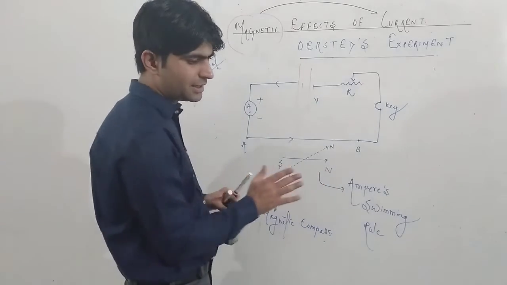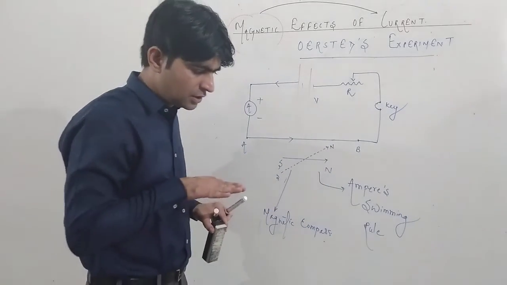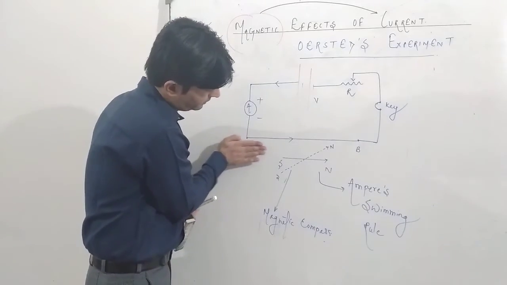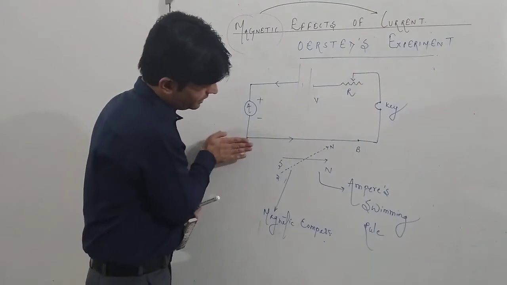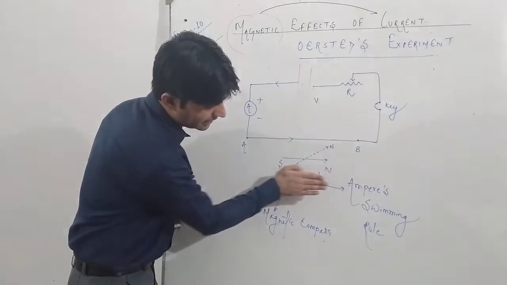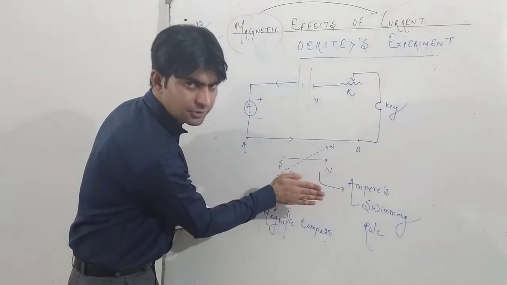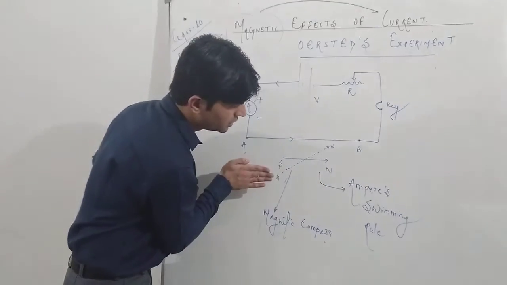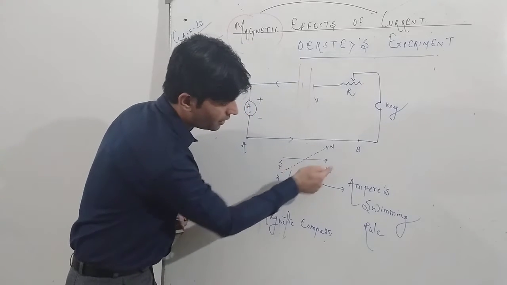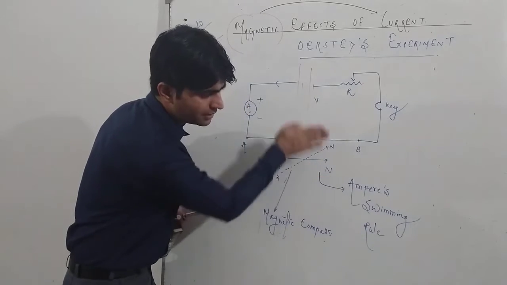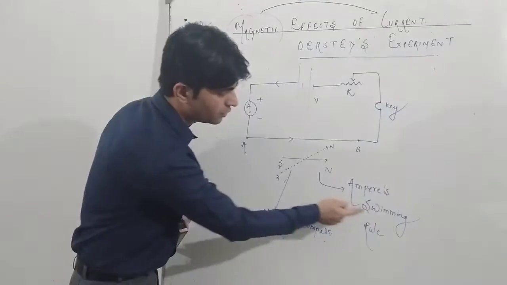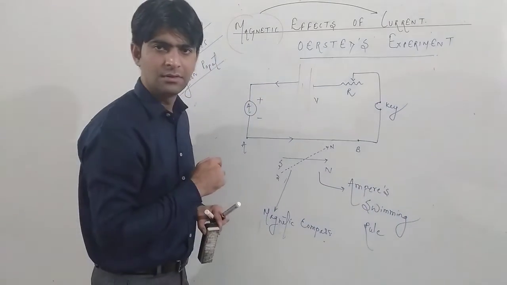Now this rule states that if you consider yourself swimming along the direction of current. Now in this you can see, if we consider this plane and the current is flowing from point A to point B, and if a swimmer is swimming like this. So if you consider yourself as a swimmer and you swim along the direction of current, then the north pole of the magnetic needle will deflect towards the left hand side of the swimmer. This is what Ampere's swim rule is.